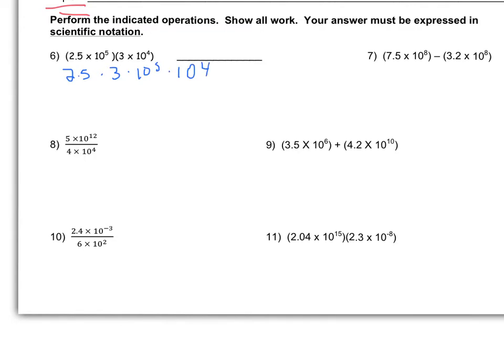You are more than welcome to use a calculator to do the multiplication if you want to. That is 7.5 times 10 to the, and when we are multiplying powers with the same base, you add the exponents. So 7.5 times 10 to the 7th.